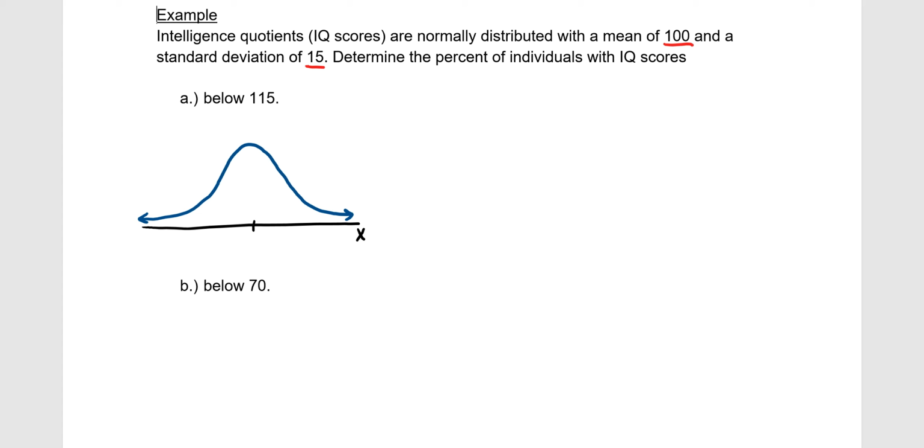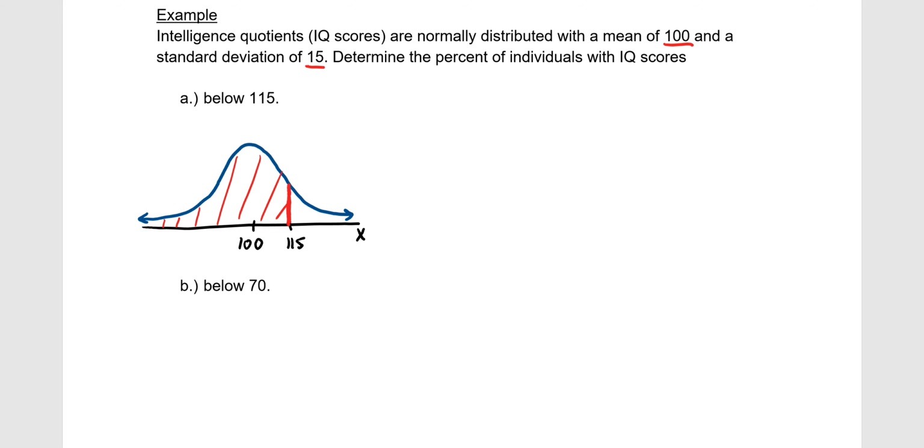So we have a mean of 100 and a standard deviation of 15. I'm not going to bother filling all of those in. We're looking below 115. So 115 is right there, just somewhere to the right of 100. We're looking for everything to the left of it because it's below 115.